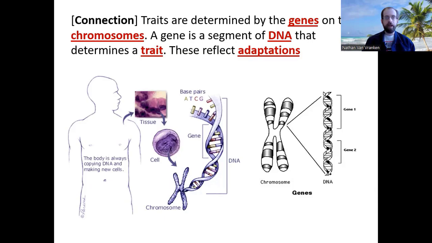That determines a trait, and all traits are reflected as adaptations, either on a phenotypic level, but there's also a genotypic level, a physiological genetic level, and then a physical expression that can be reflected even in the anatomy.